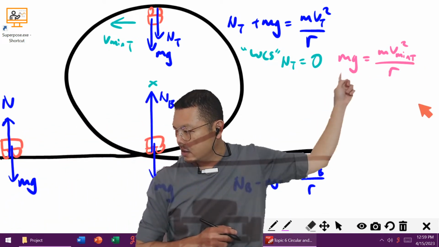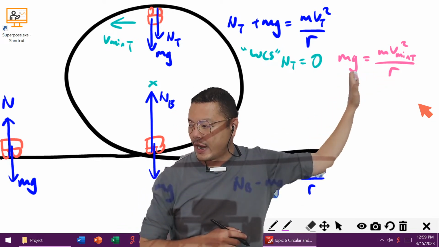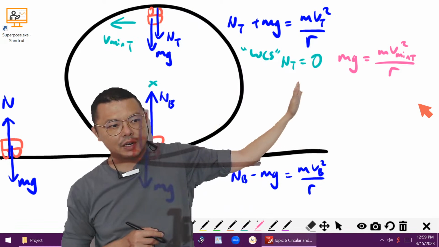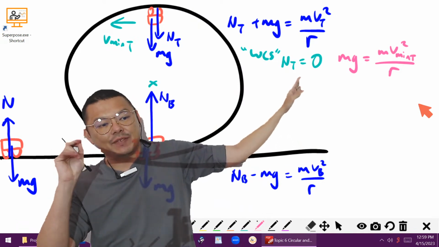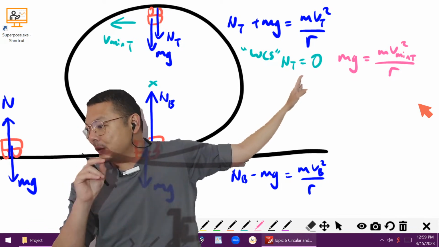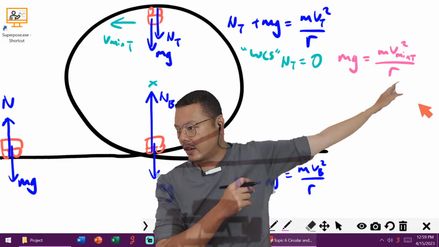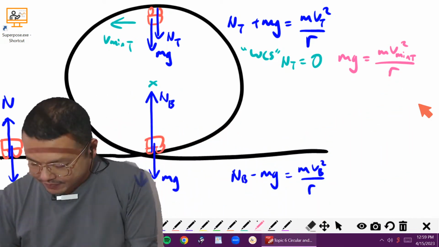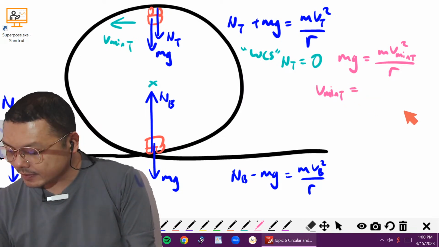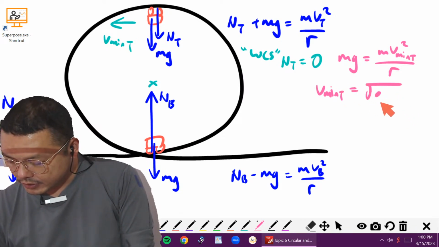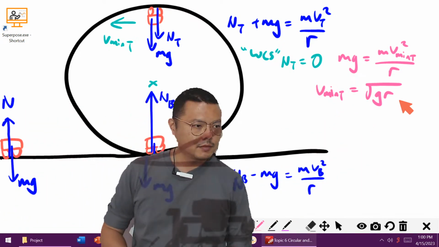So mg equals m v minimum t squared over r. Again, where did the NT go to? Because in the worst case scenario, we assume that it just lost contact, or maybe we can consider it just hasn't lost contact yet. We make the contact force 0. So mg equals m v minimum t squared over r. And very simply, v minimum t can be found by making it the subject. What do you get? You get root gr.